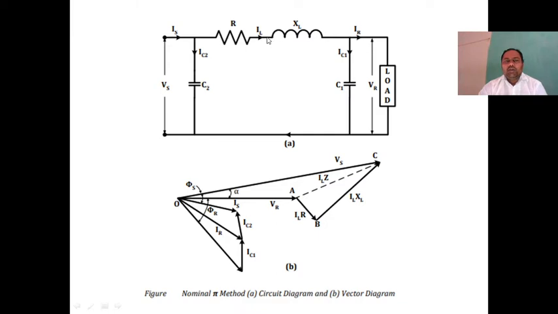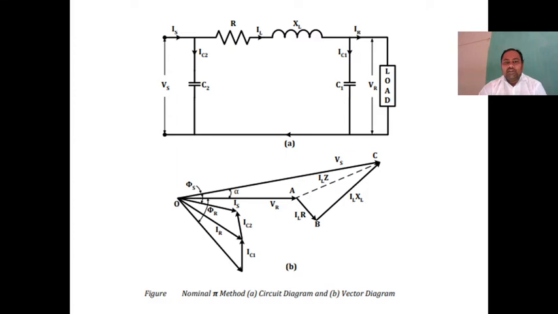First we draw the vector diagram. We already know how to draw the vector diagram. For the vector diagram, first take VR as the reference, which means VR is at an angle of 0. How do we draw the remaining currents? That is very important.